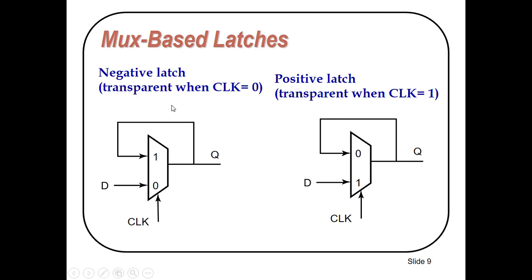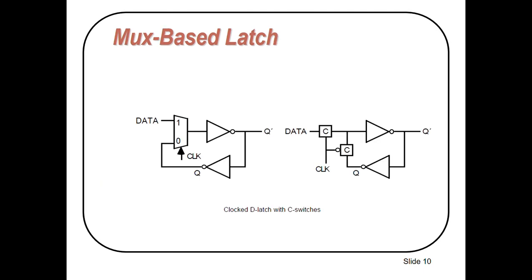A negative latch is transparent when the clock is 0 or low. This is input, this is output. Again, this is a positive latch, and the positive latch is transparent when the clock is high or 1. So this is our multiplexer based latch.